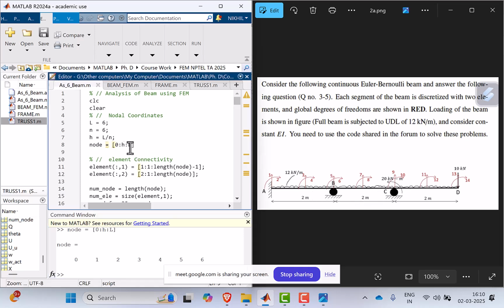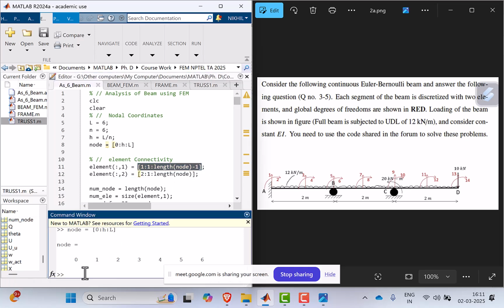Now as we have defined the nodal points, we have to define the element connectivity, like which node is connected to which. So what we are doing, we are writing this. Let's see what it gives. It will give you 1, 2, 3, 4, 5, 6.